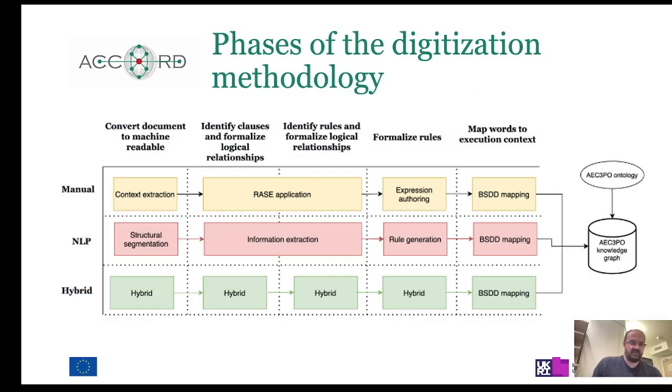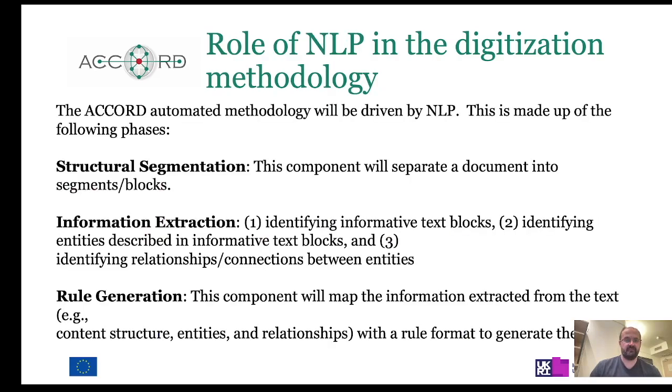The final thing to mention is the NLP methodology. While there's another more detailed video about the NLP methodology, our NLP implementation in the core consists of 3 stages that we've attempted to automate using NLP: structural segmentation, information extraction, and rule generation. The structural segmentation separates a document automatically into segments or blocks based on the paragraphing and styling in the document.